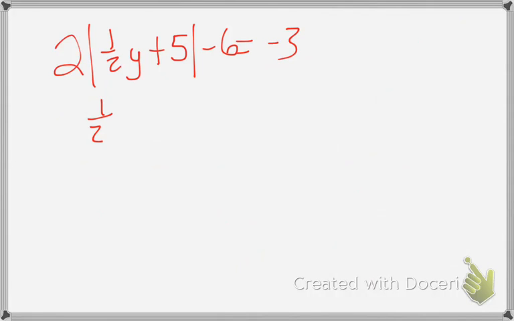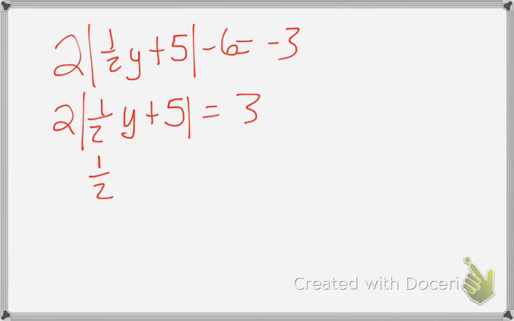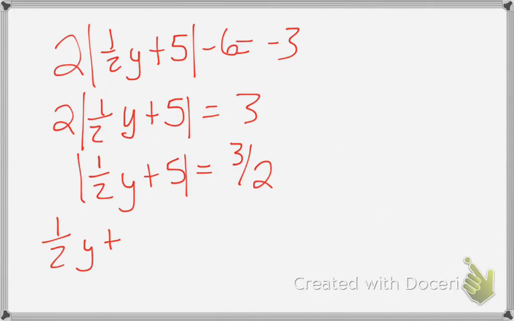So I've got the absolute value of 1/2 y plus 5 is equal to a positive 3 over 2. So I'm going to solve my positive version, where I've got 1/2 y plus 5 is equal to 3 over 2. So I'm going to start by subtracting 5 on both sides.